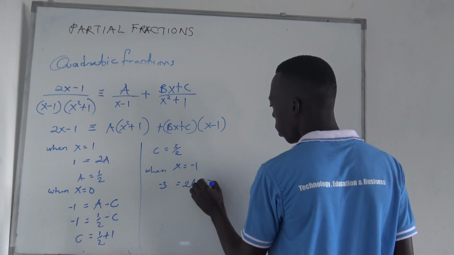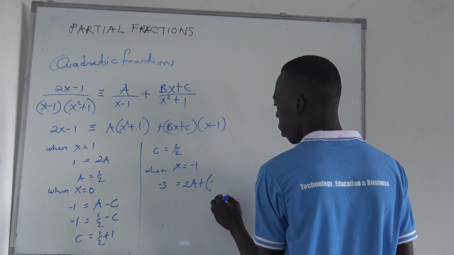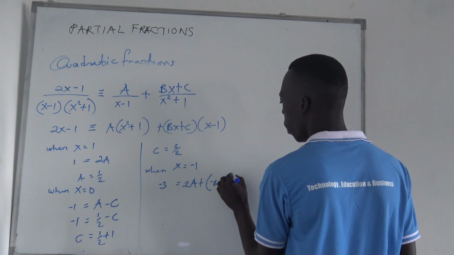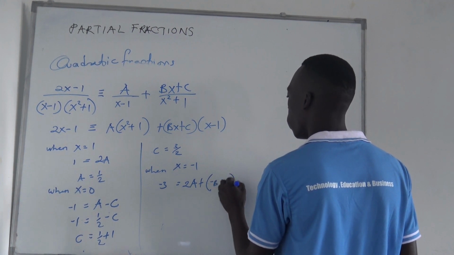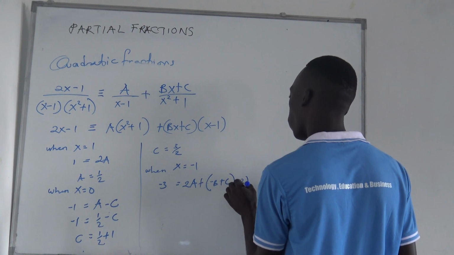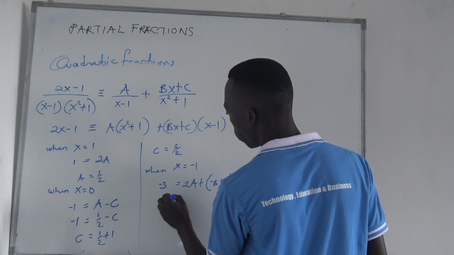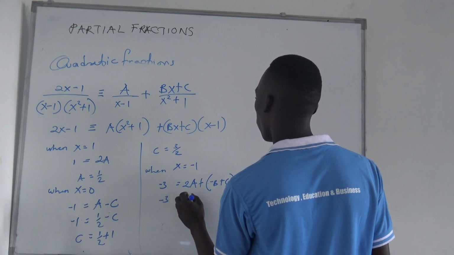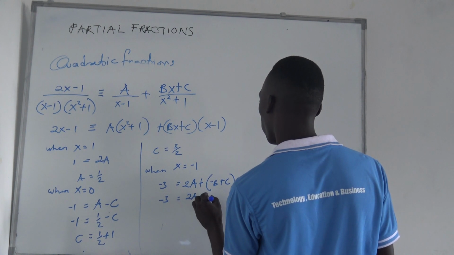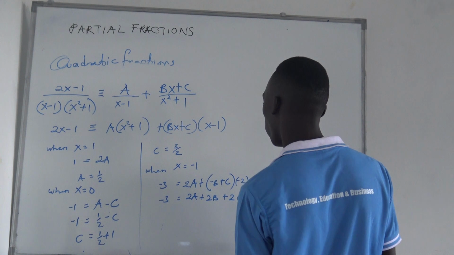Now plus C into bracket, this becomes negative B plus C, times this one, which will be negative 2. So negative 3 equals 2A, and when you multiply these, that is plus 2B plus 2C.